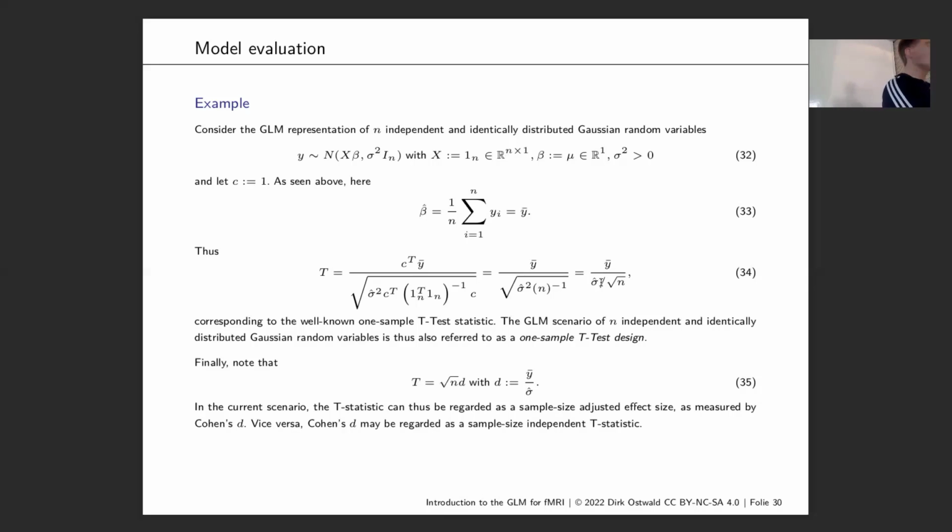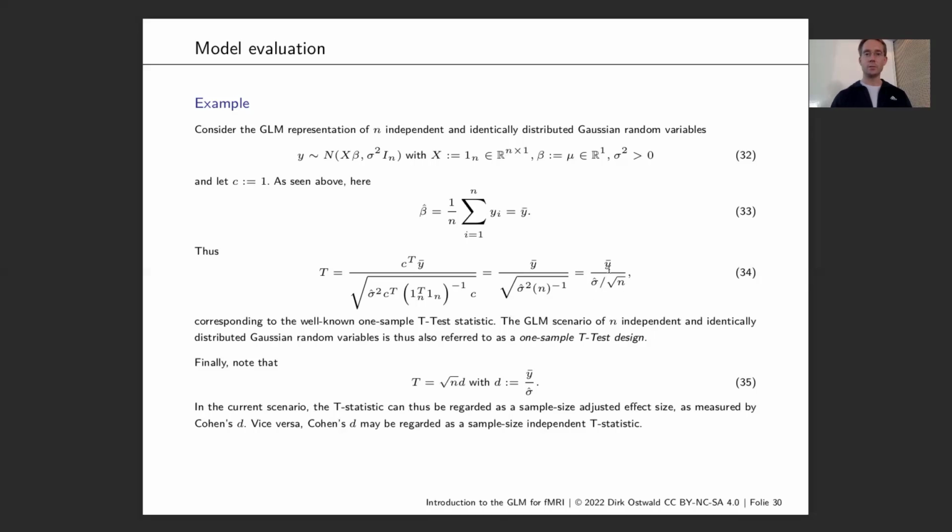You might be more familiar with t statistics from two sample t-tests, where you have a difference between two sample means and you divide it by, for example, the pooled standard deviation, and you multiply accordingly with the two sample sizes, which is a little bit more tricky.